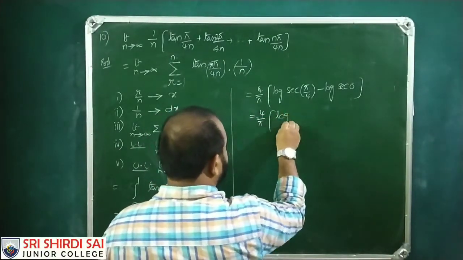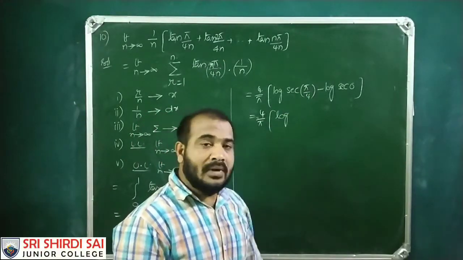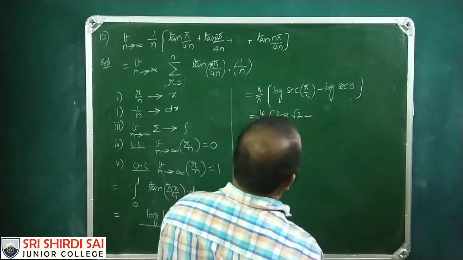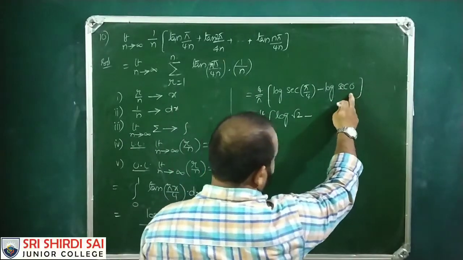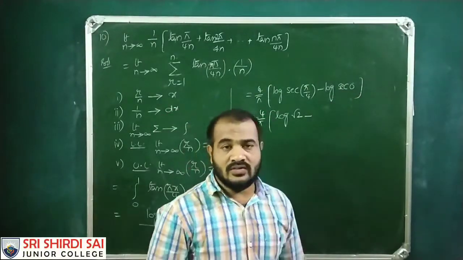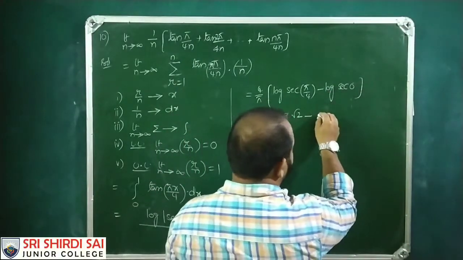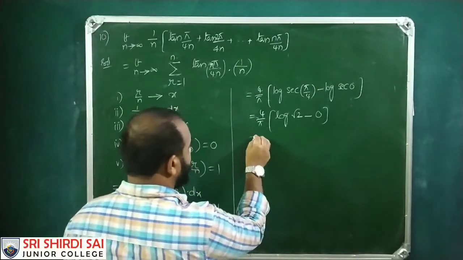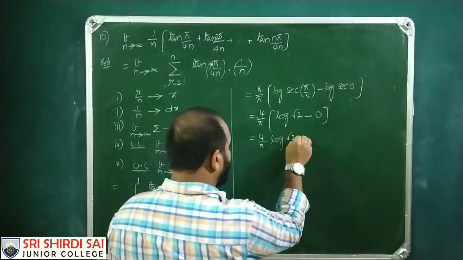log secant 45. Cos 45 is 1 by root 2, so secant 45 is log root 2, minus log secant 0. Secant 0 value is 1, since cos 0 is 1, secant 0 is 1 by 1, so 1. So log 1 value is 0. This is equal to 4 by pi log root 2.